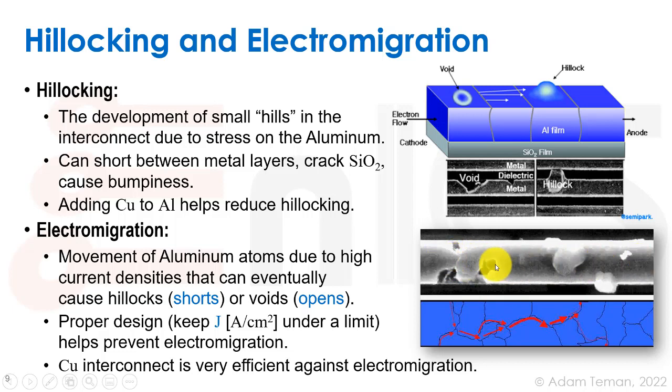The more current, the more possibility that the electrons are going to hit and move a certain atom. So the probability depends basically on the current density. So what we want to do is keep the current density in a conductor under a certain limit, and then we're going to be fine, which means we're going to use wider wires or something like that.